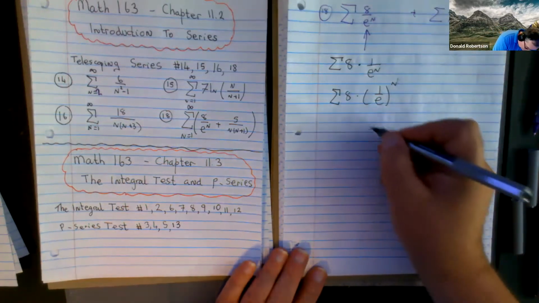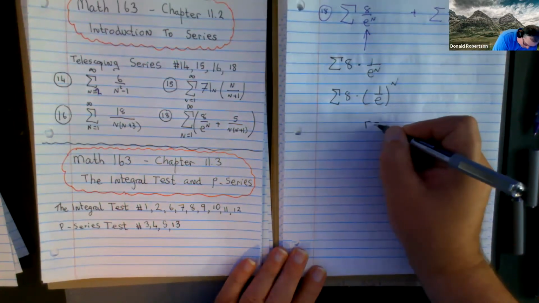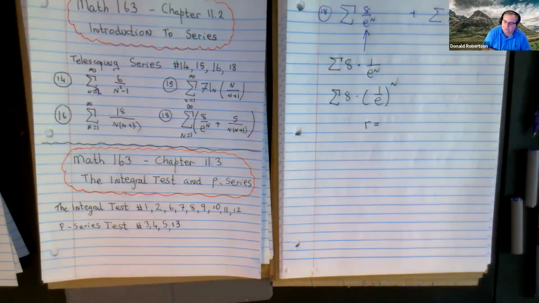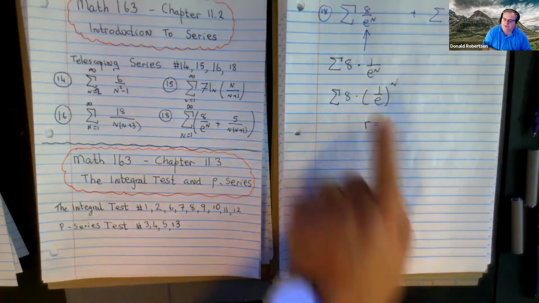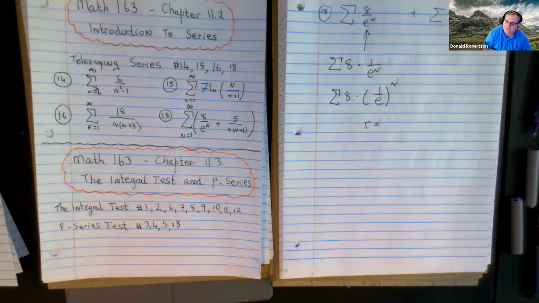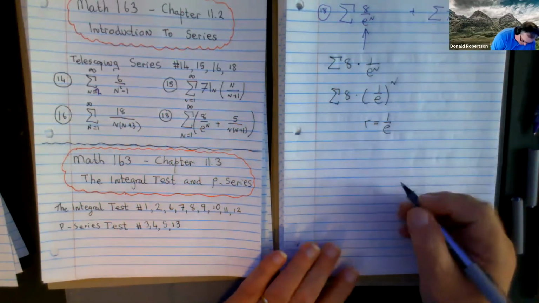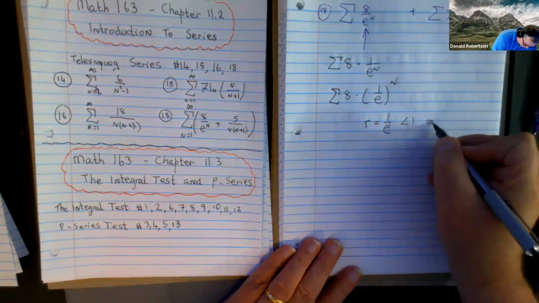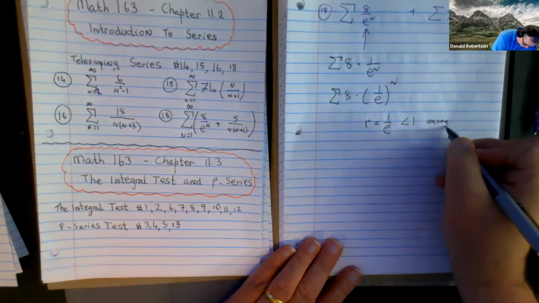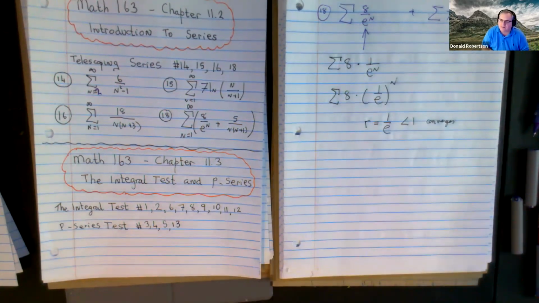Now, what is R equal to here? What is the common ratio for this geometric series? 1 over E. Okay. Would you agree that E is 2.7, so that's less than 1, so it converges? You agree?